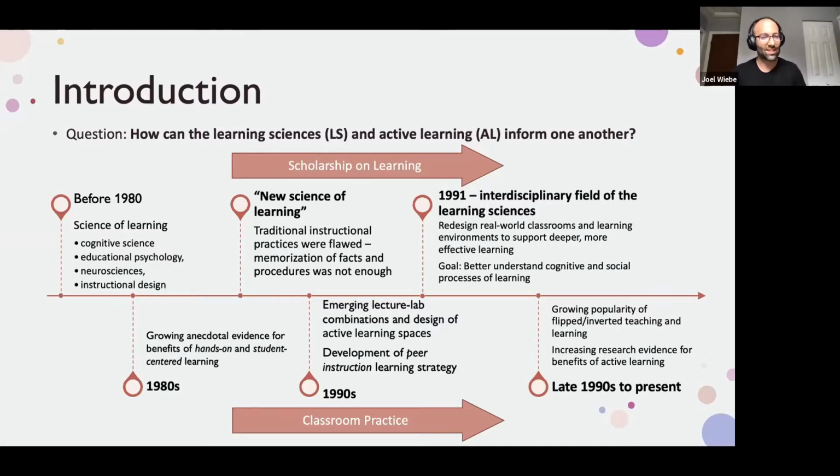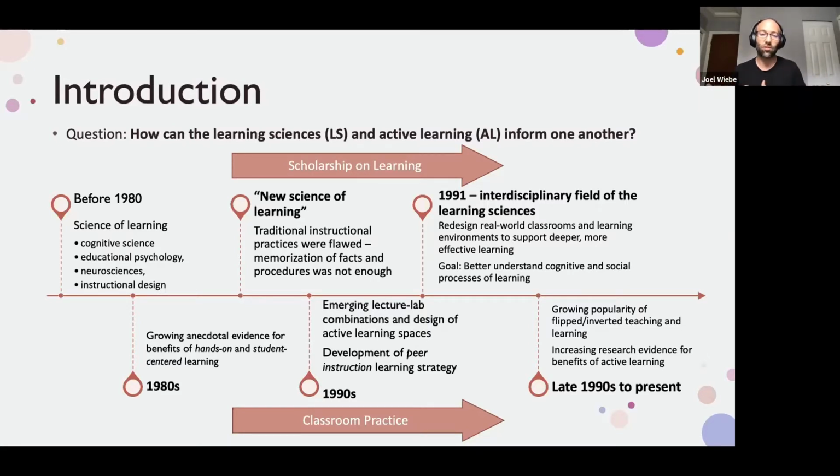Before 1980, the science of learning was divided into many different fields, and a lot of the science of learning would be restricted to a single isolated study, either cognitive science or educational psychology, neurosciences, instructional design, or many of these other fields. Around this time and a little bit before, but progressing into this, was this notion of an evolving new science of learning.